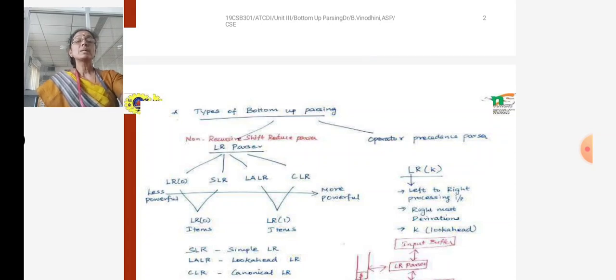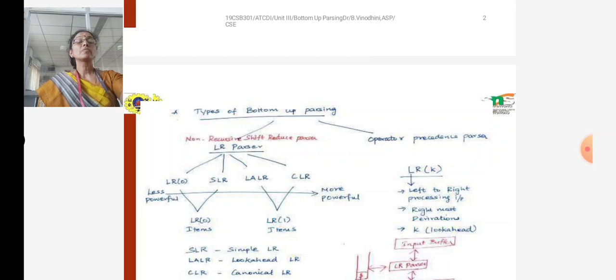Based on their specifications, LR(0) is less powerful, and CLR and LALR are more powerful. LR(0) and SLR differ in terms of the parsing table construction and also the input string parsing.